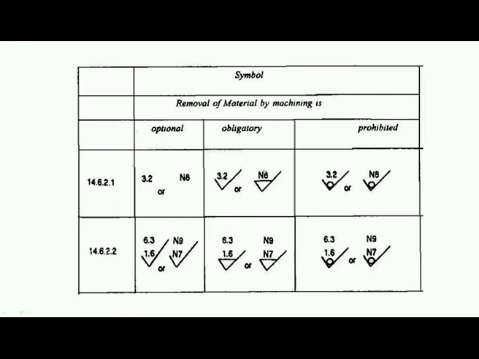So, here the grade is mentioned and here the roughness value is mentioned. Since no parameter is mentioned, it is understood that it is Ra value in micrometer, and here no machining is required. We need N8 grade or 3.2 micrometer surface finish Ra without the removal of material. And here the limits are mentioned, maximum roughness and minimum roughness values.